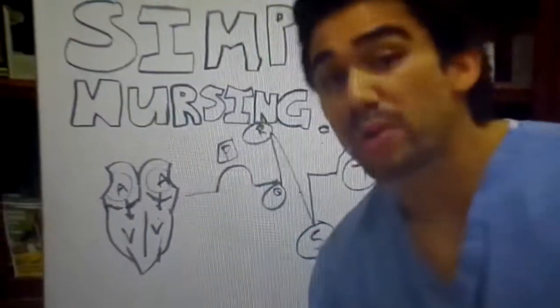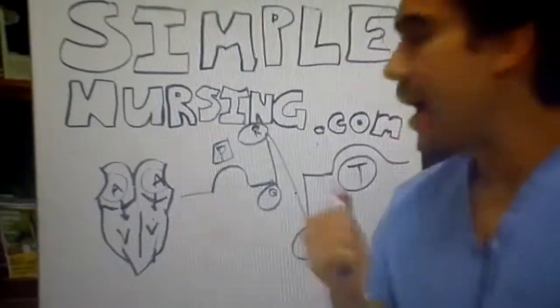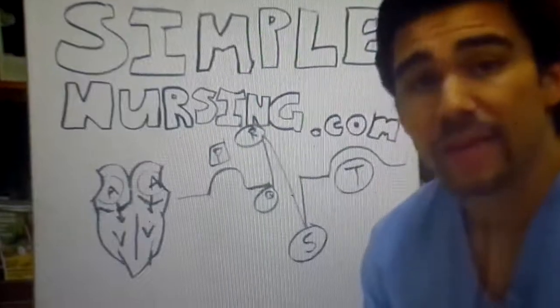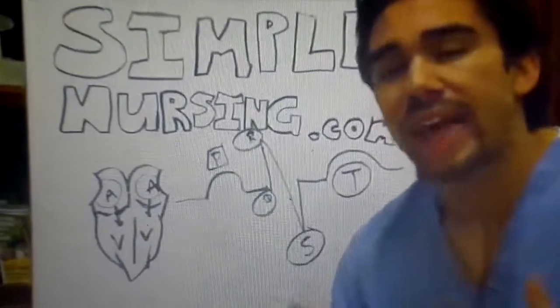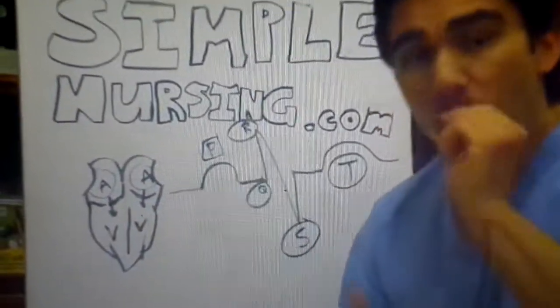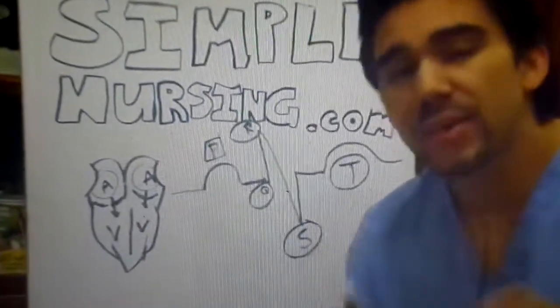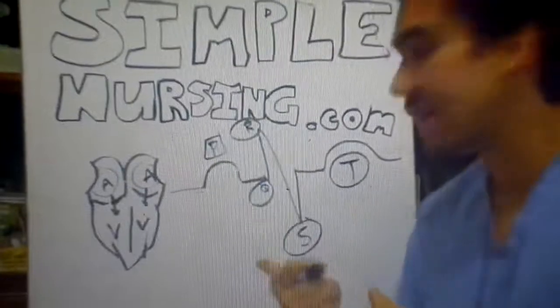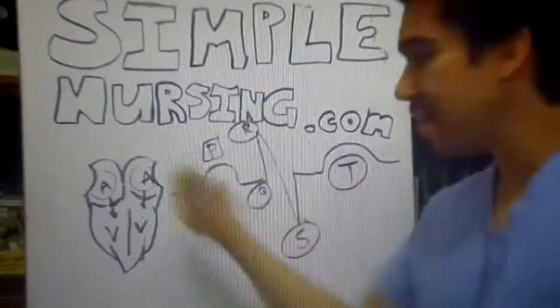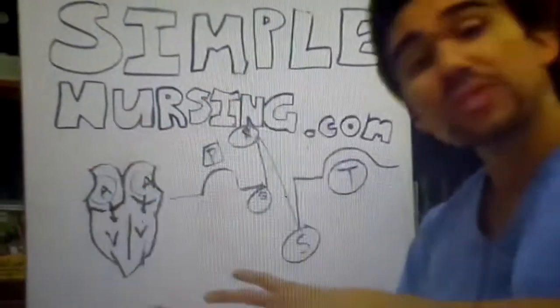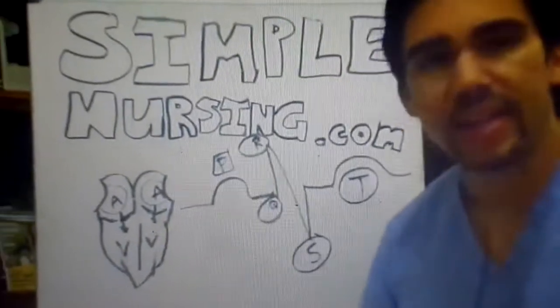Now that's what's supposed to happen, okay? And that's just talking about the mechanics of the actual anatomy of it. We haven't even gotten into the electrical part of it. So let's go into the electrical part of the PQRST, atrial depolarization, ventricle depolarization, repolarization.